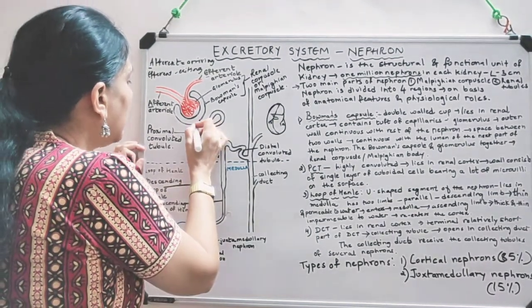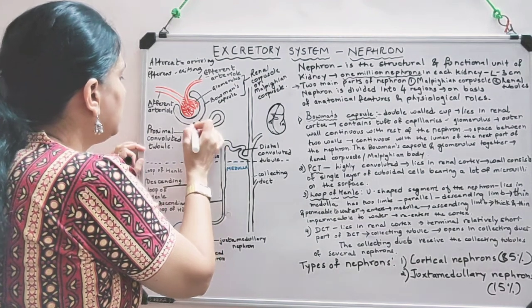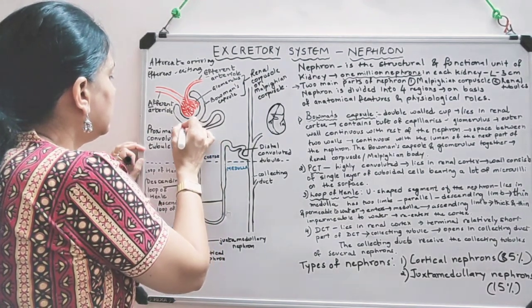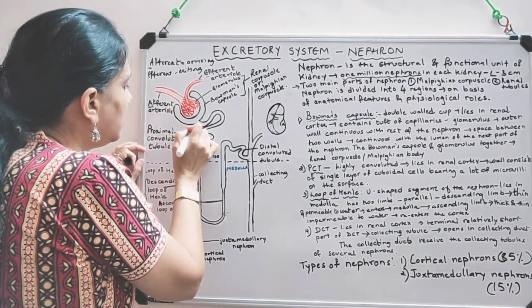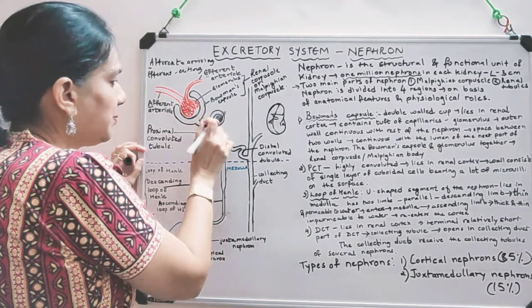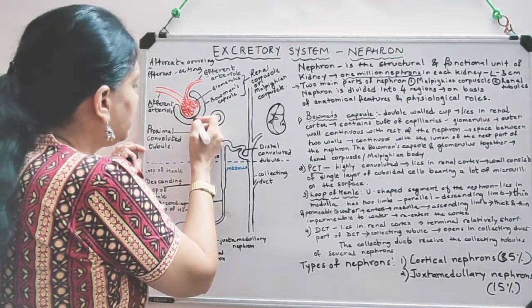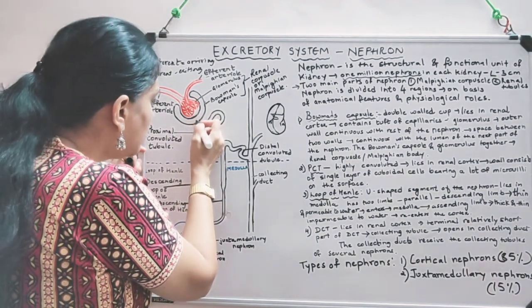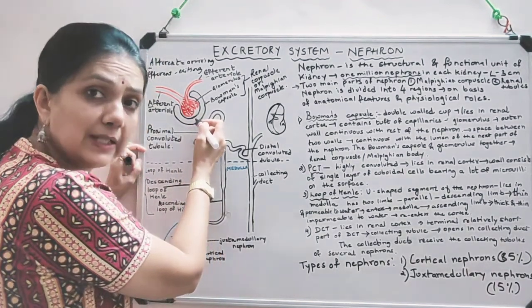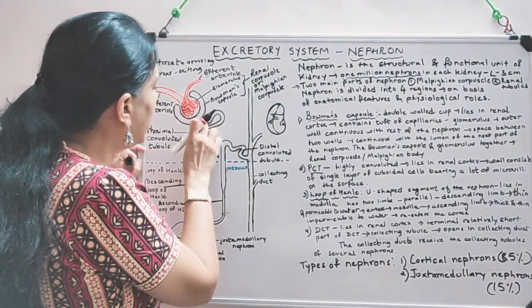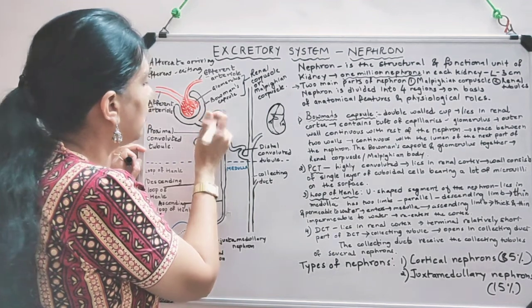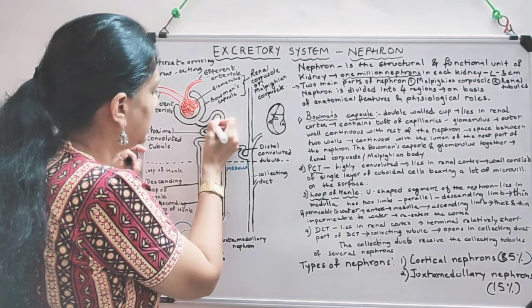So the outer wall is in continuation with the renal tubule. You can see this is the outer wall. It is in continuation with the next part of the tubule. And the space between the two walls of Bowman's capsule opens into the lumen of the next part of the renal tubule, as you can see over here.